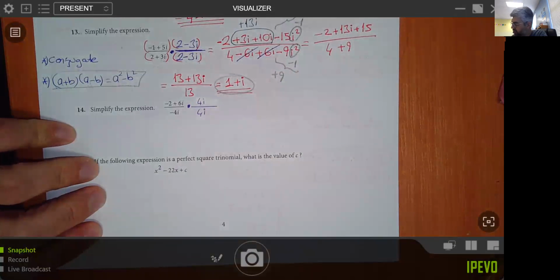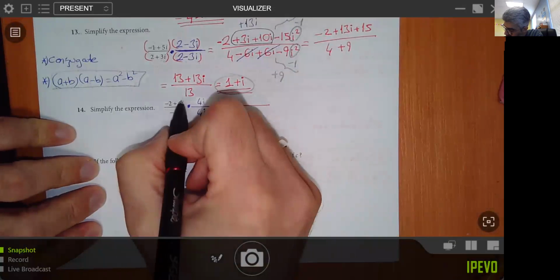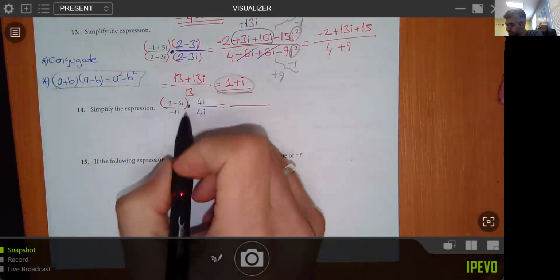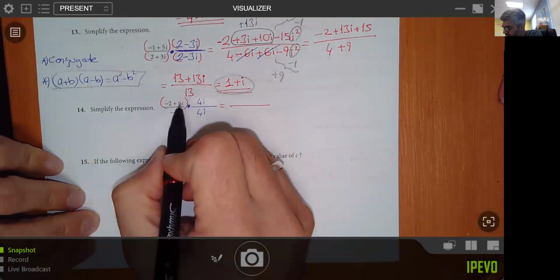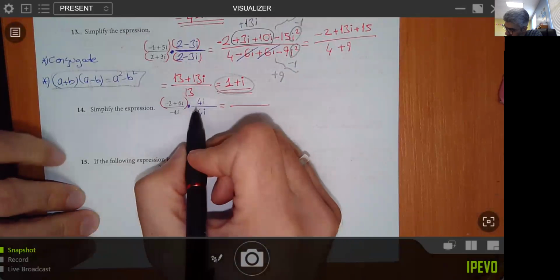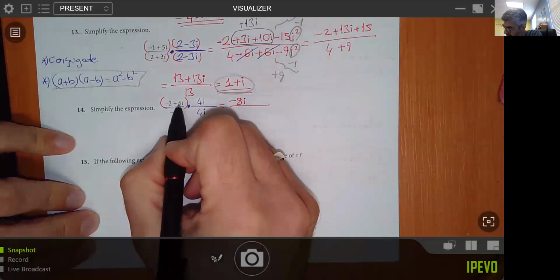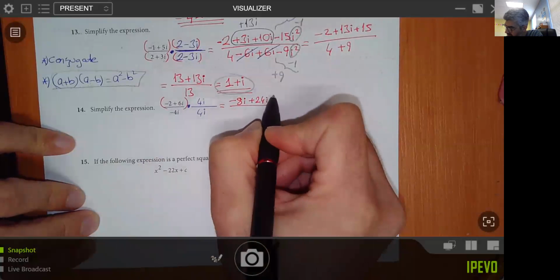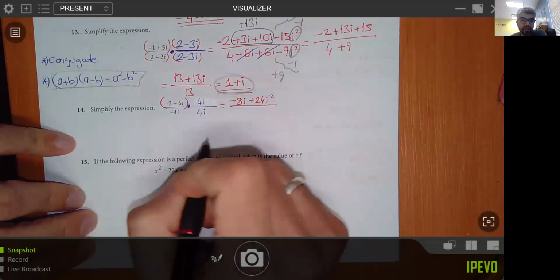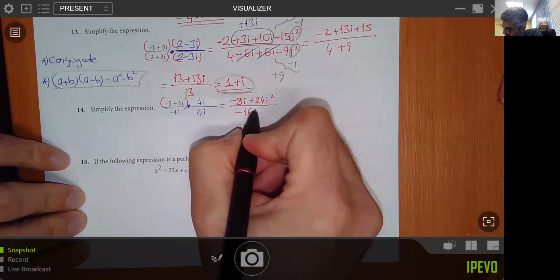Here it is. We have to continue now. Equals, you see, we multiply. So here, distributive property, 4i, we multiply by -2 and by 6i. That will be -2 times 4i is -8i, and 6i times 4i is plus 24i squared. And in the denominator, what do I have? -16i squared.